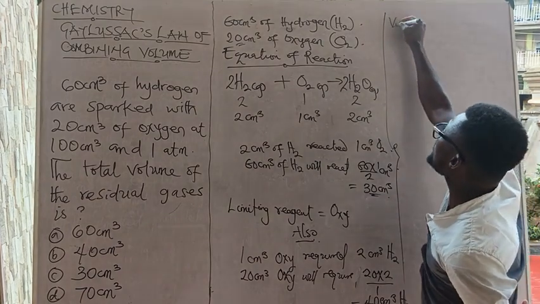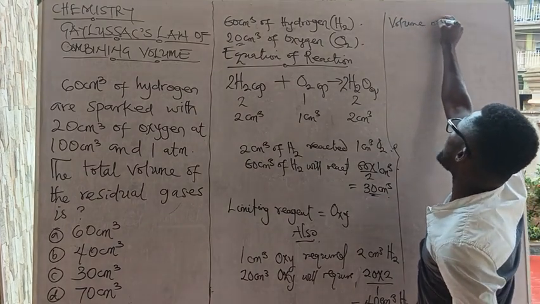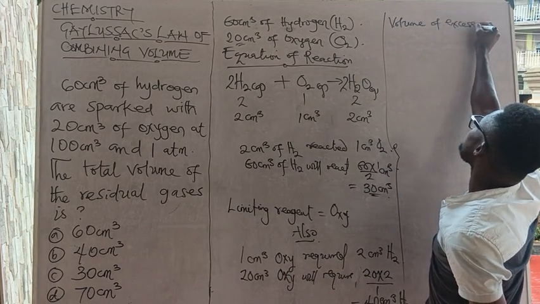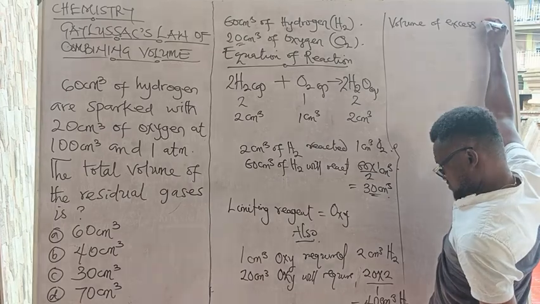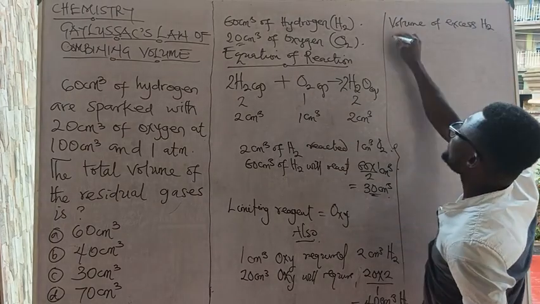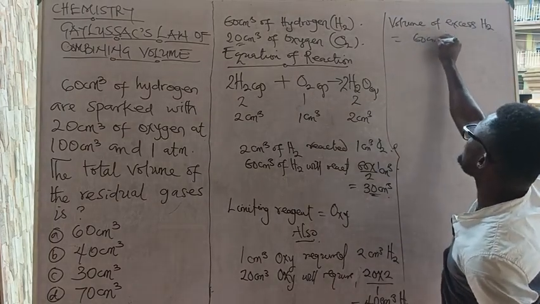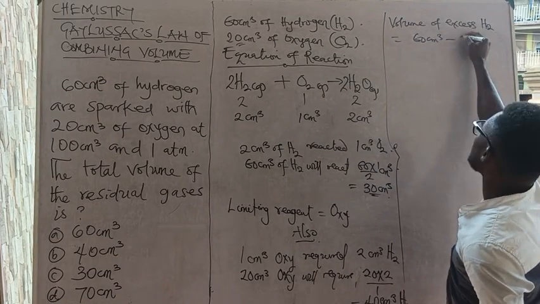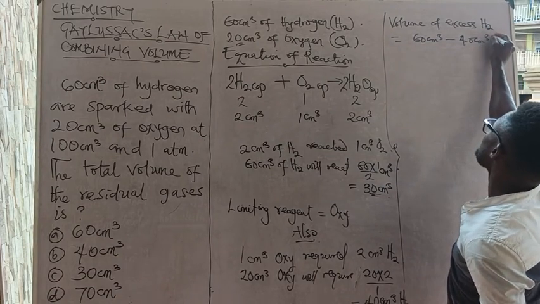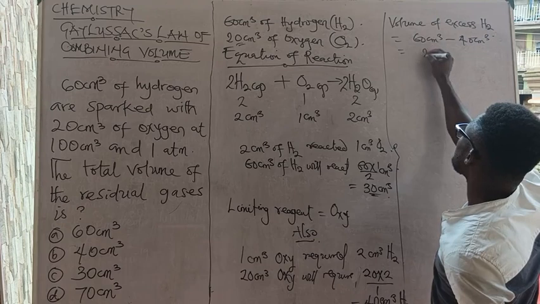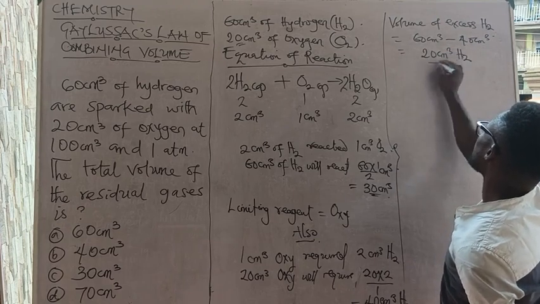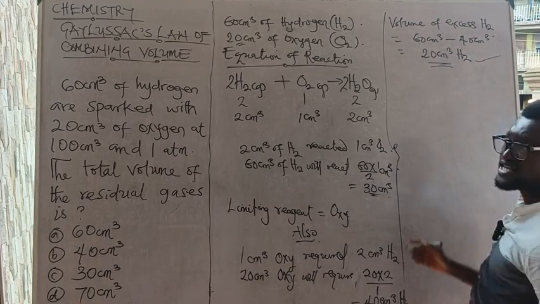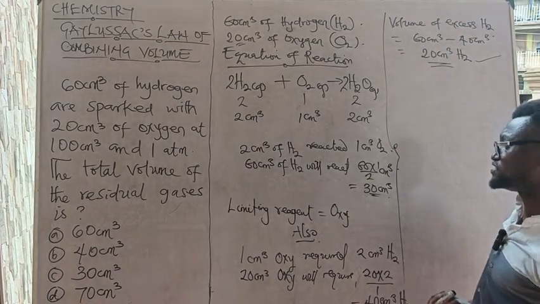So the volume of excess hydrogen we have is 60 cm cube minus 40 cm cube, which will give 20 cm cube of hydrogen gas. So this is the excess volume of hydrogen.